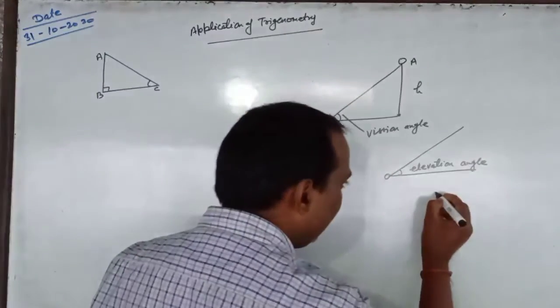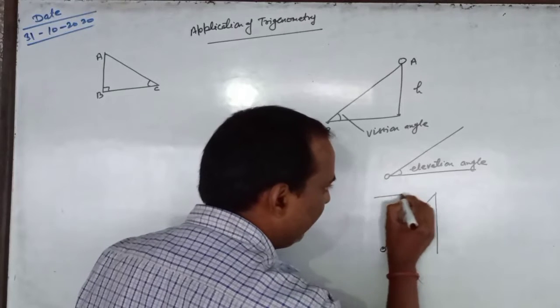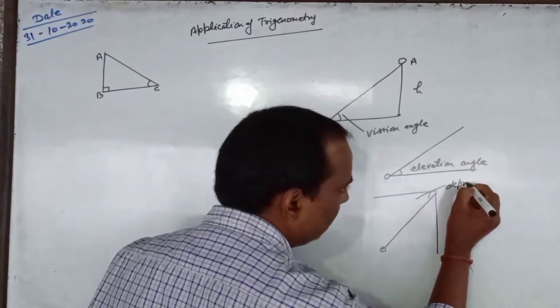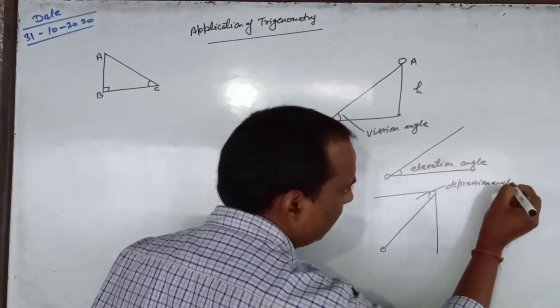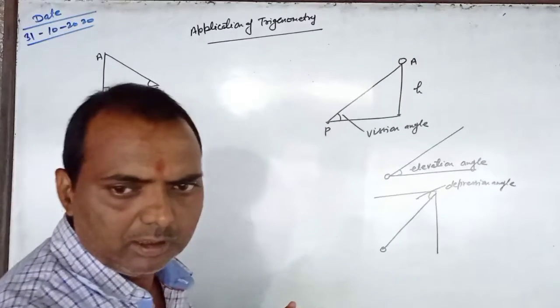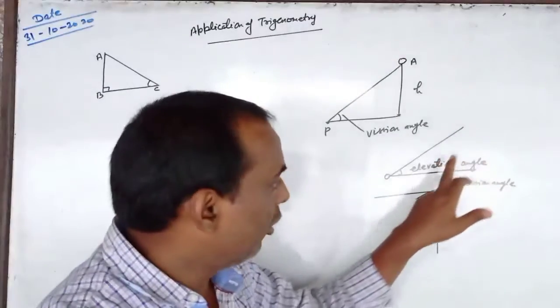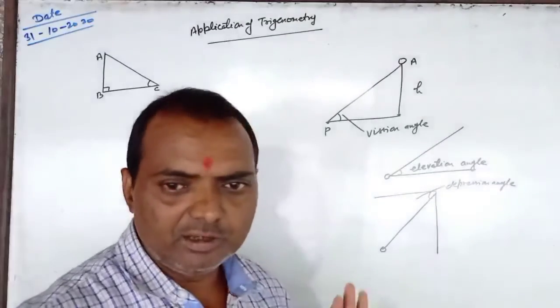And if we see from high to low, that is depression angle. Okay, it means low to high is called elevation angle and high to low is depression angle.